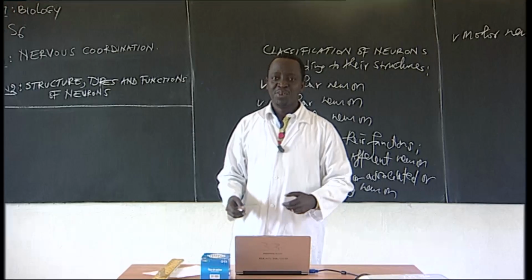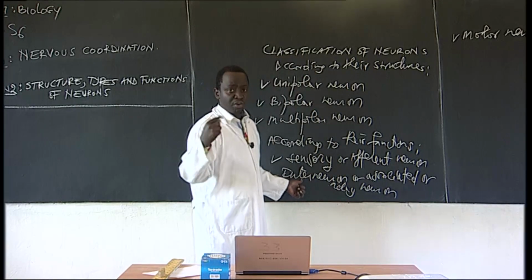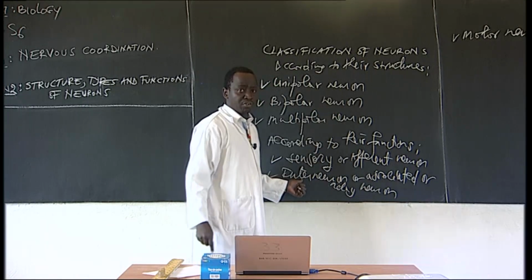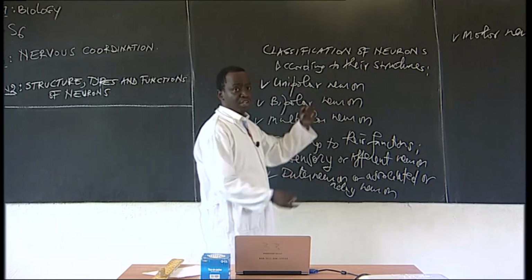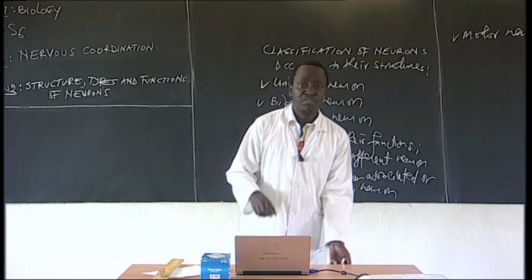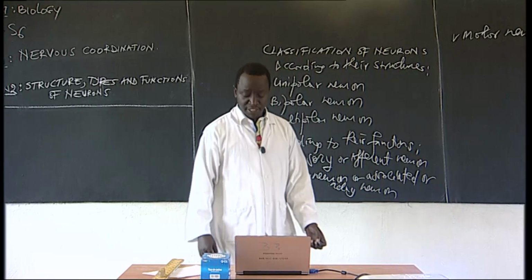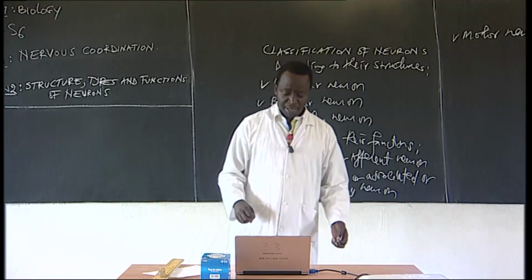So just to protect you. And then we have this interneuron which connects the sensory and motor neuron. Motor neuron is also called efferent. Motor neuron will bring the response from the central nervous system to the effectors.